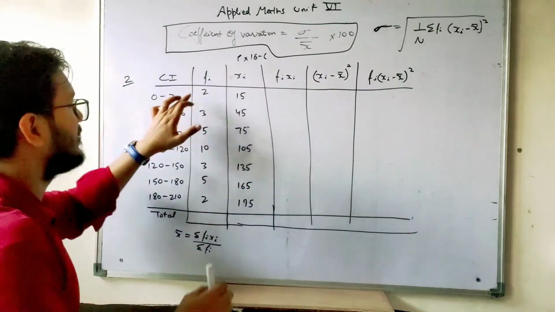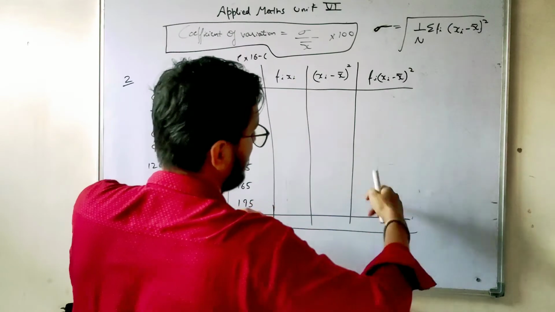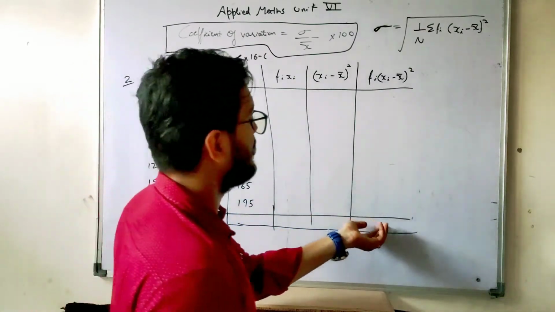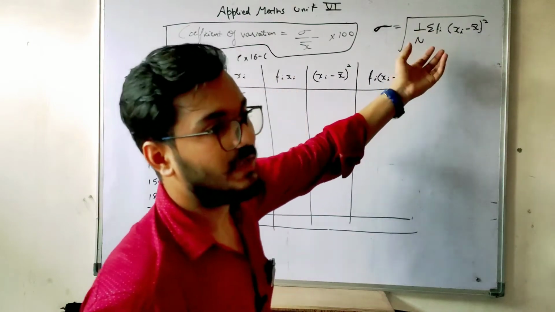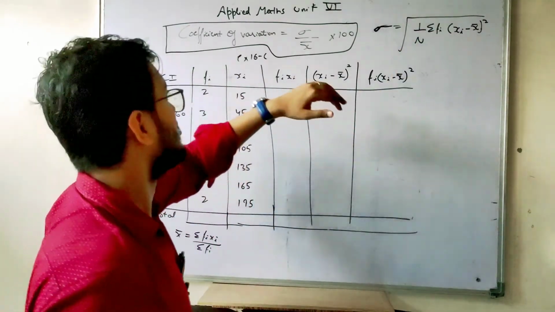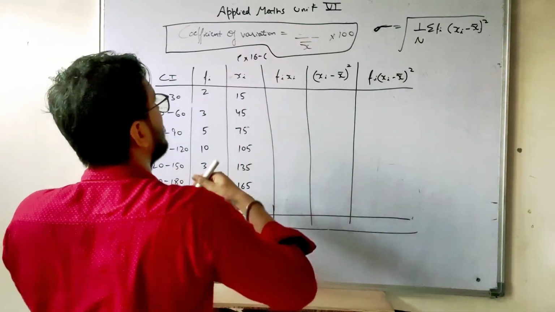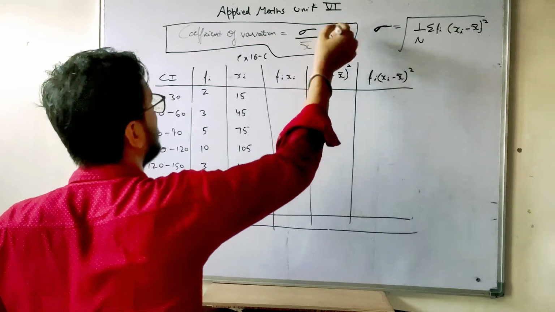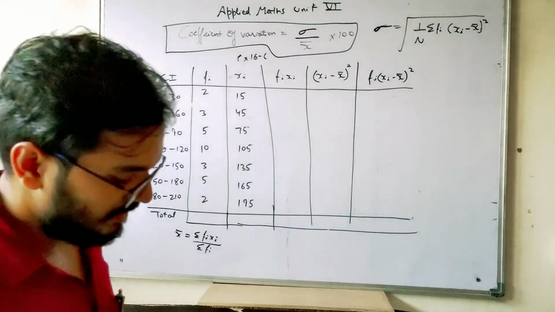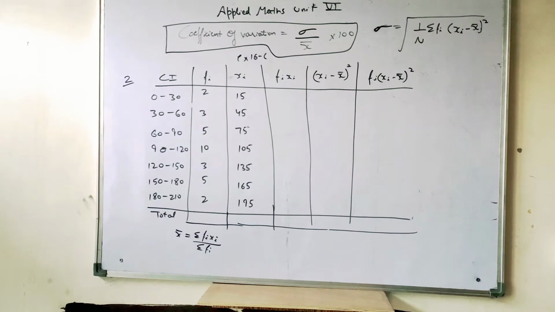Then multiply Fi with this column and write here. Then add all the values and put them into the formula for standard deviation. Whatever standard deviation we get, put it into this formula: sigma, that is standard deviation, divided by mean, multiplied by 100. That will be the coefficient of variation. Simple steps you have to follow.